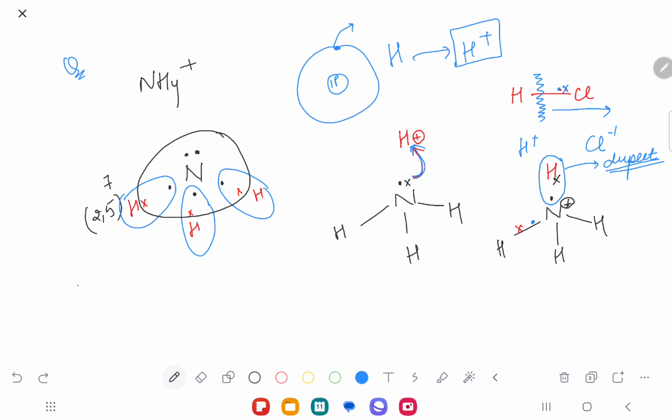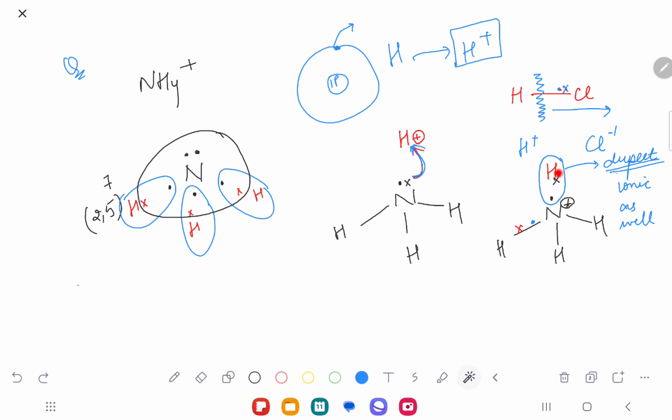As a result, it is ionic as well as covalent, correct? That is why we call it a semi-ionic bond. But you see the difference here. Both the electrons, the one H has and the dot electron, actually belonged to nitrogen.